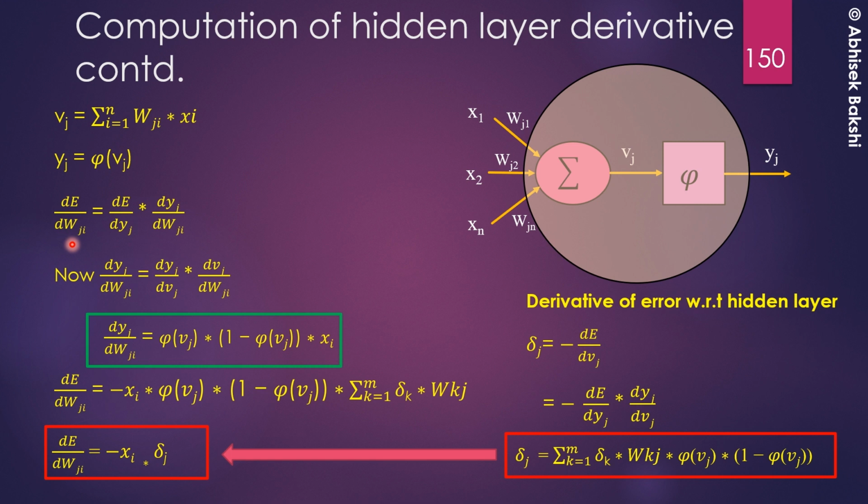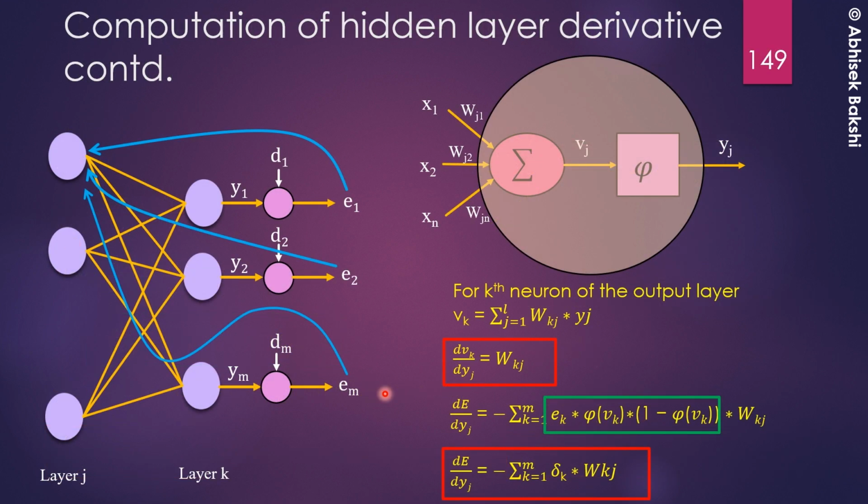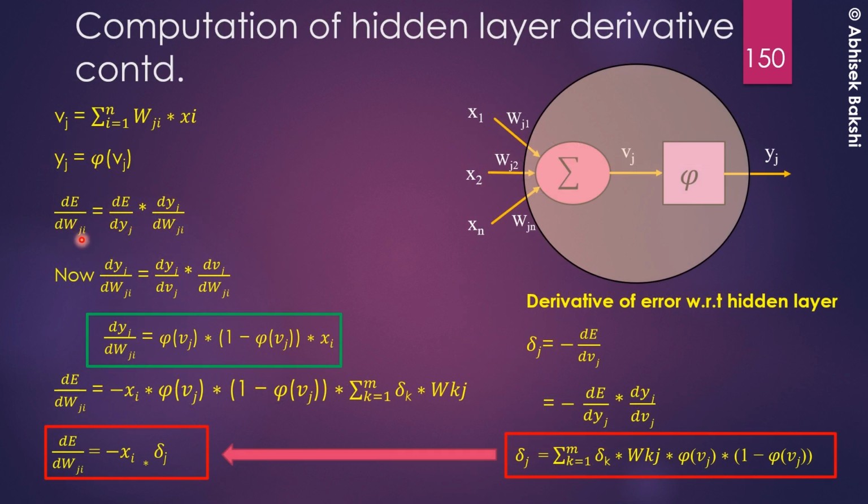Just like what we have done here, the derivative of error with respect to yj, then we have to calculate the derivative of error with respect to wji. Wji is the weight between the input layer neuron and the hidden layer neuron.